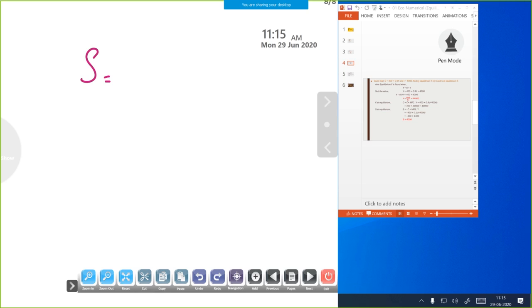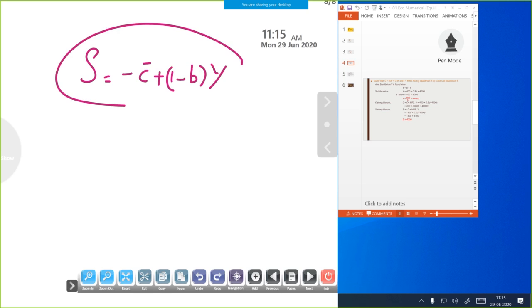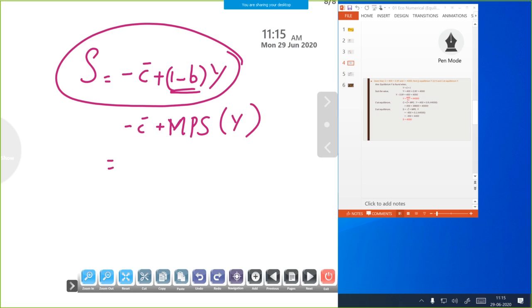So MPC is given, so 1 minus MPC. What is the format of the saving equation? Minus C dash plus 1 minus b, that is the saving equation. 1 minus b shows MPS. So MPS into y minus C dash. While substituting these values, we are getting S is equal to 4,000.